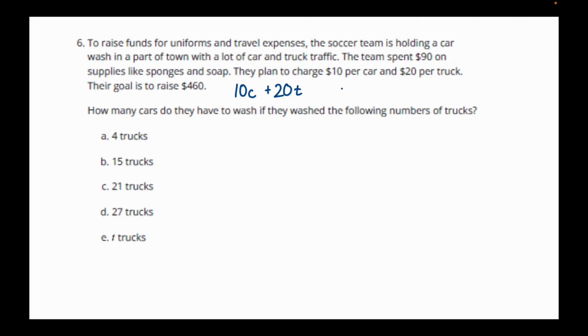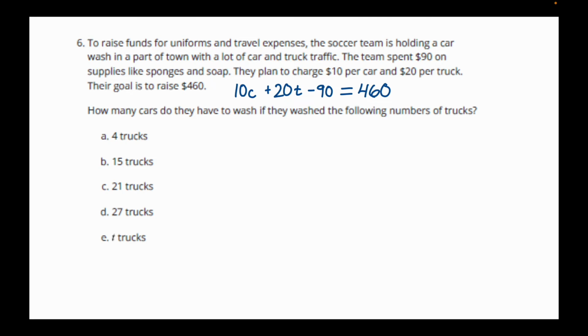We would normally say we want that to equal the 460, but they already spent $90 to get some of that money. So we can plug in and find how many cars they would have to wash if they wash the following number of trucks.